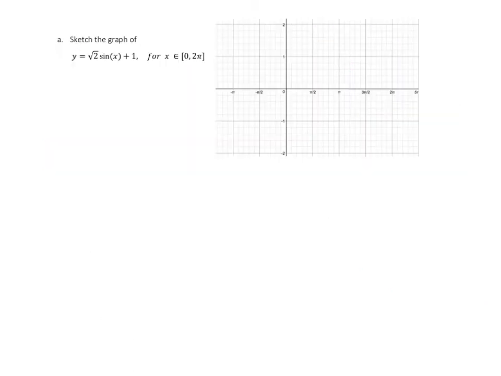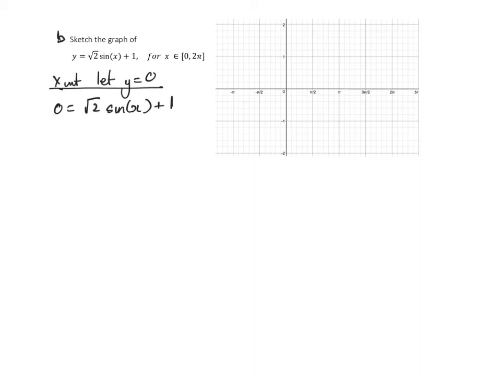In this next example, which we'll call B, we're asked to sketch the graph of y equal to √2 sine x plus 1 between 0 and 2 pi, and we are going to start off the same way by finding our x-intercepts. So for the x-intercept, let y equal 0, and 0 is equal to √2 sine of x plus 1.